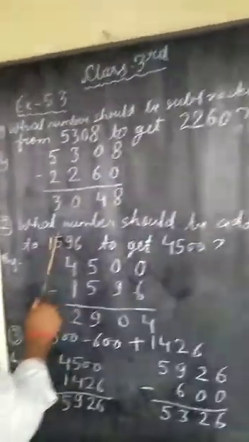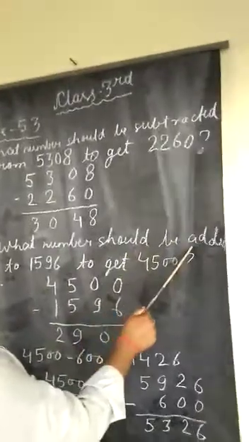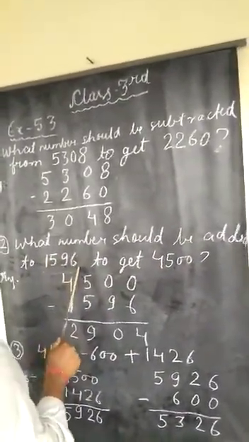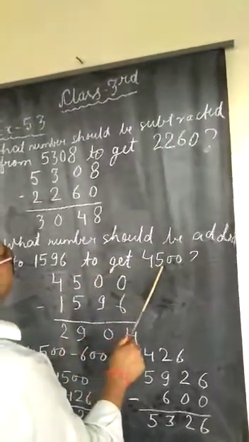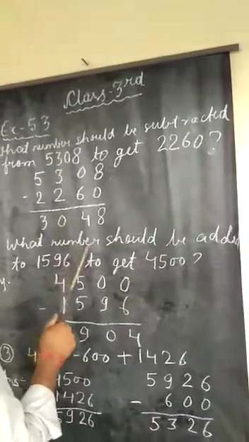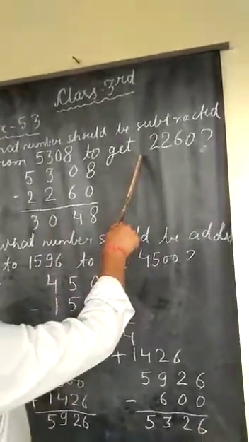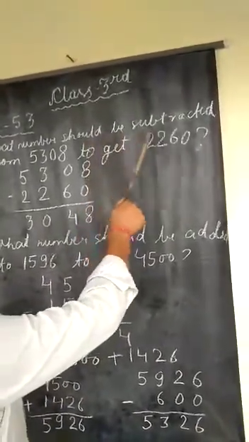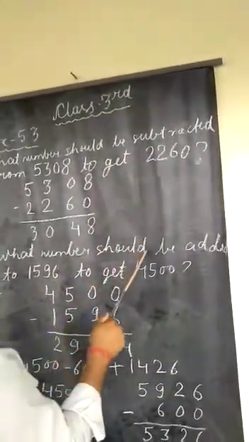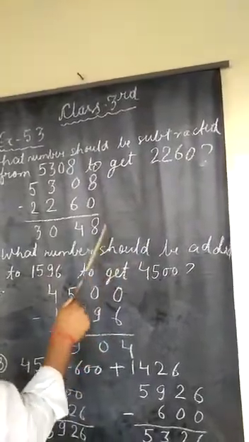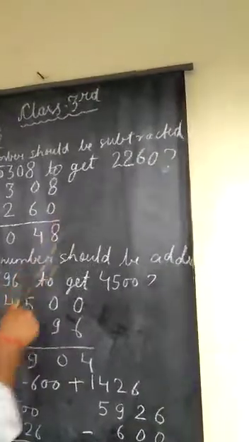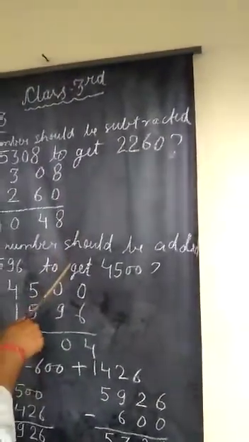In the other question, what number should be added to 1596 to get 4500? In the first question, it asks what should be subtracted, but in the second question what should be added, but the sense of both questions is the same.